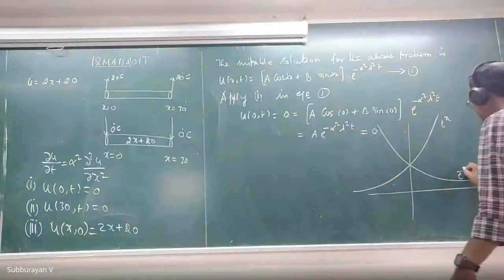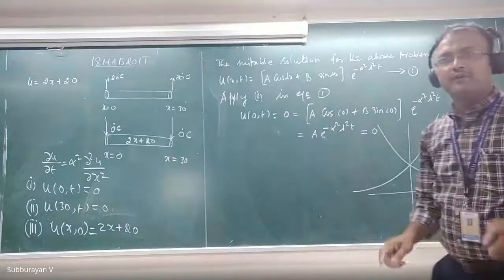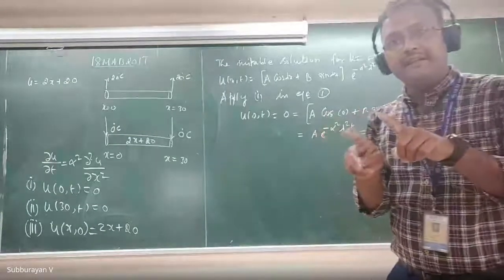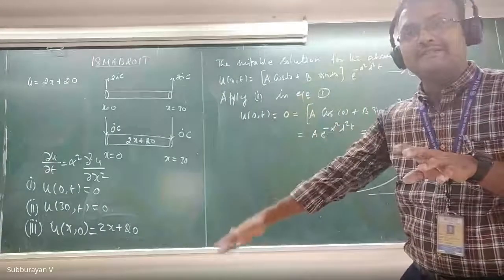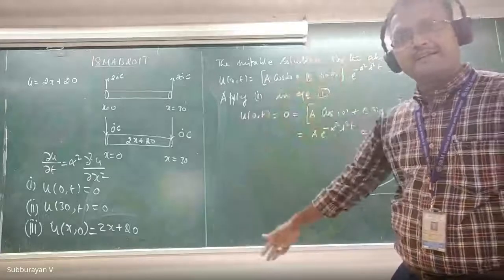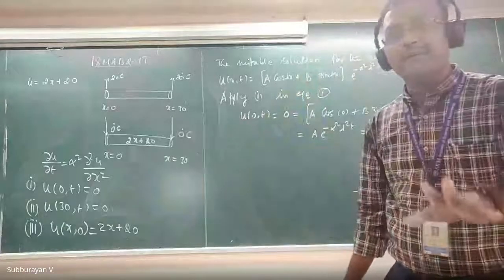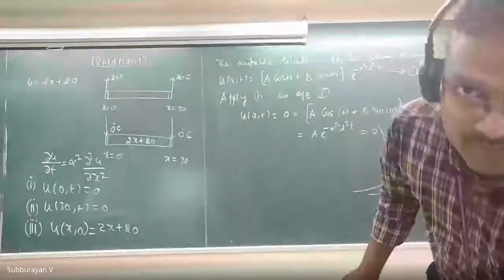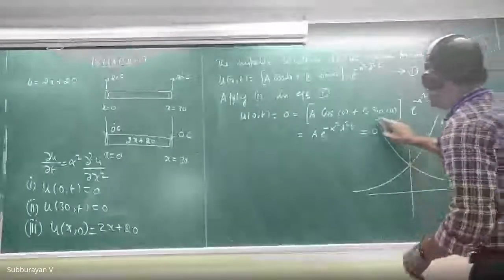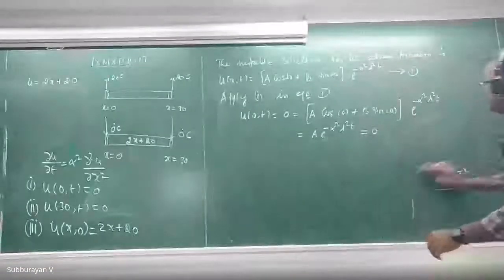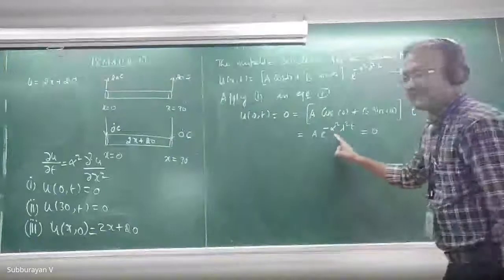The function e power x will never cross the x-axis. That means e power x is a non-zero function.